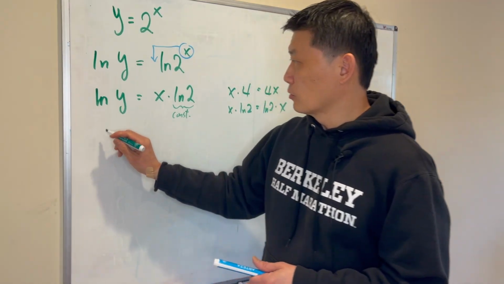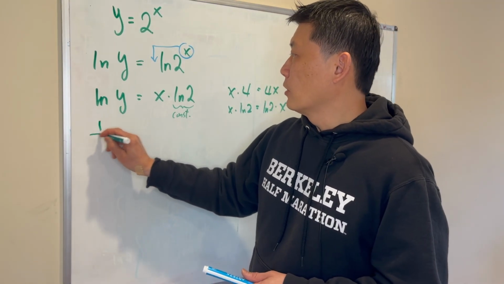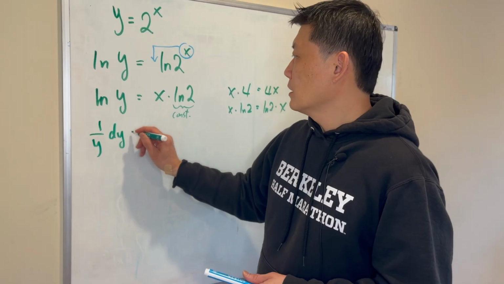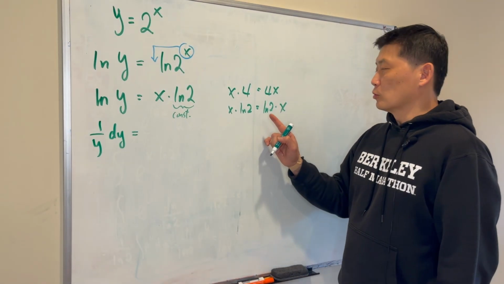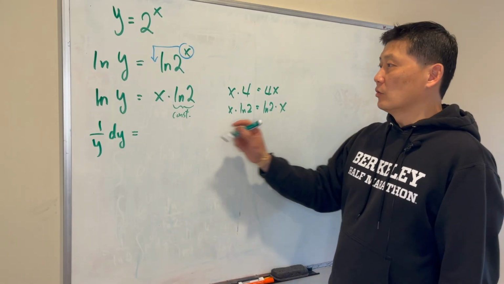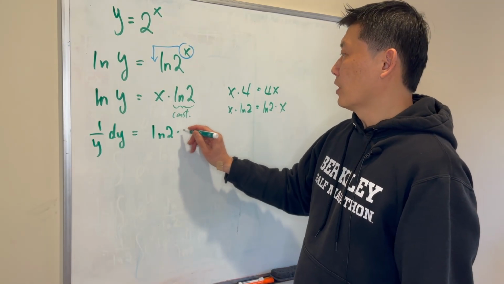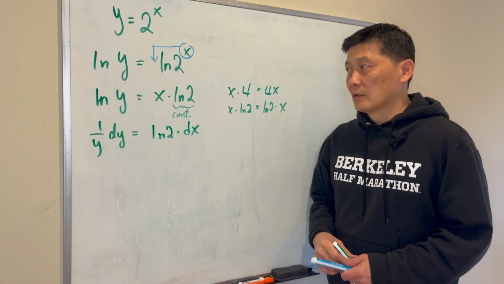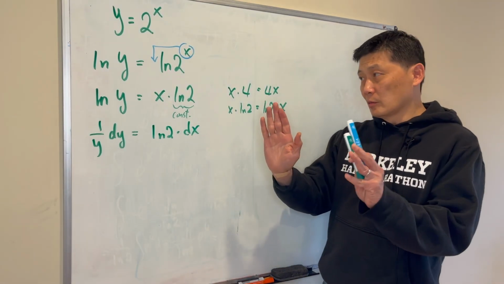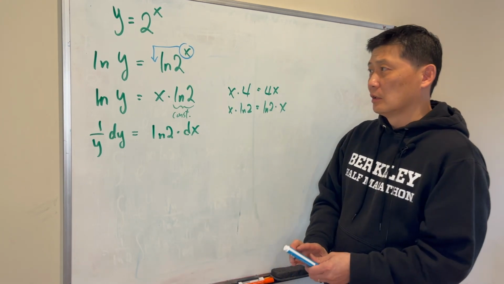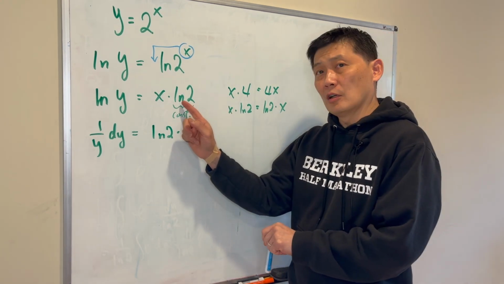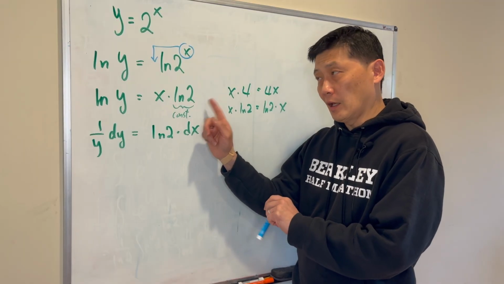If I take the derivative implicitly, I have 1 over y dy. The derivative of x times ln 2, which is the derivative of ln 2 times x, is just ln 2 times dx. I want to make sure that you pause a little bit and really understand what I just did, okay? Because this is ln 2, not ln x.